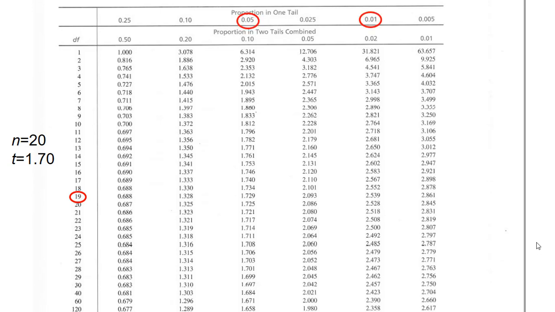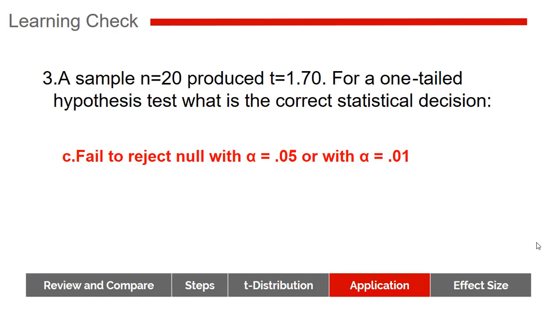And I'm going to circle, this time in the one-tail area, 0.05 and 0.01. And I draw imaginary lines to find a t of 1.729 and a t of 2.539. Well, our t is 1.70, so it's not even as extreme as the critical value at 0.05. So we are going to fail to reject the null with alpha 0.05 or also with alpha 0.01.